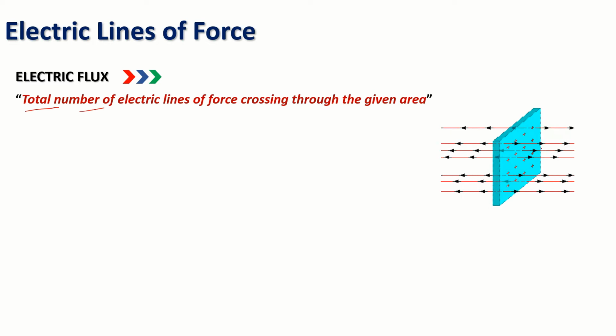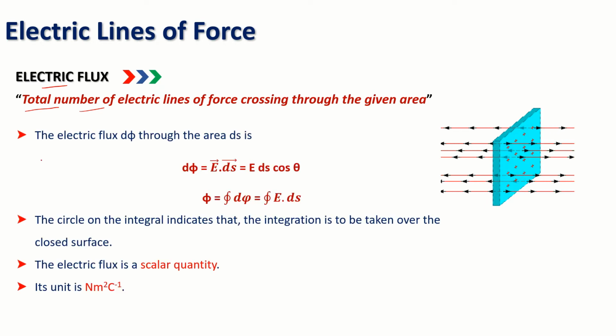That's why the electric lines of force are coming out from the surface of the plane, right? So how many electric lines of force are coming out? That is called electric flux. So electric flux is simply the total number of electric lines of force crossing through the given area.